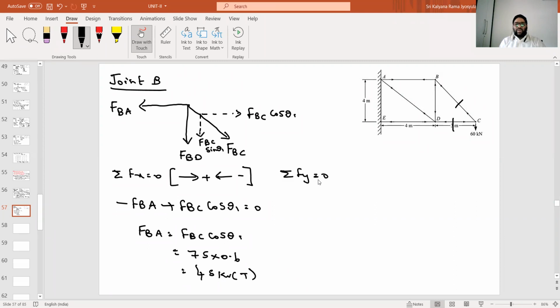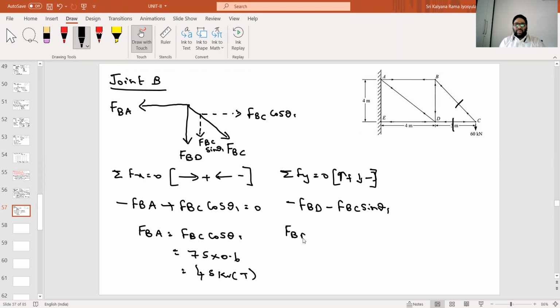Now sigma Fy is equal to 0, which implies positive, downward is negative. So both are downwards here. So minus FBD minus FBC sin theta 1.